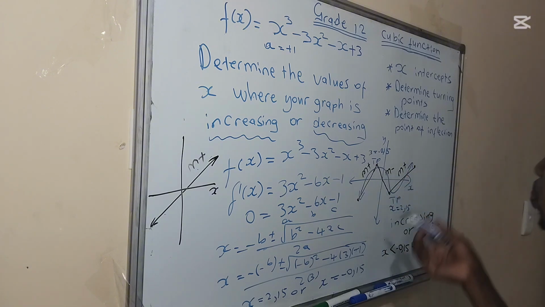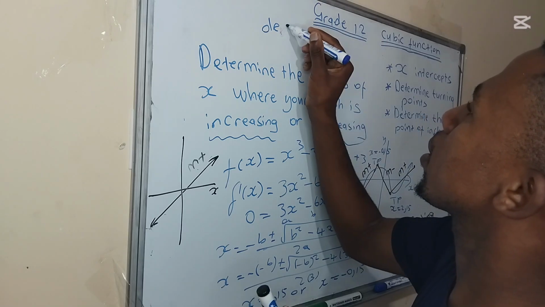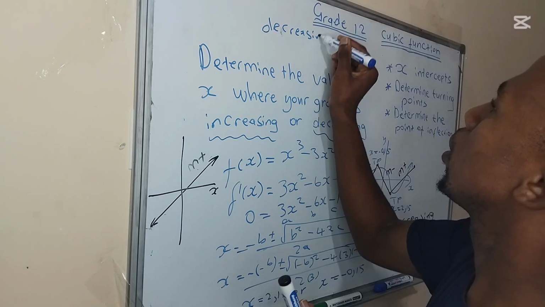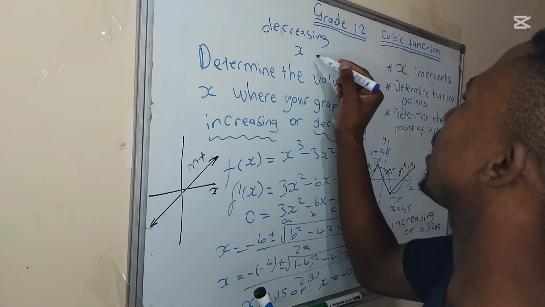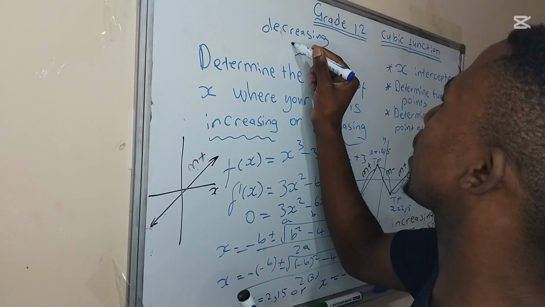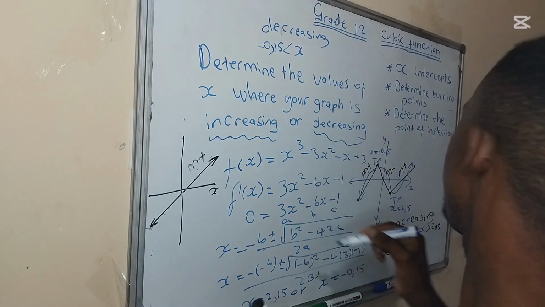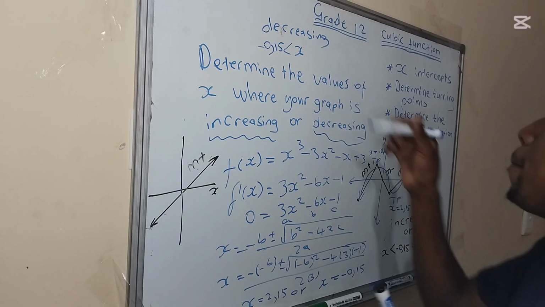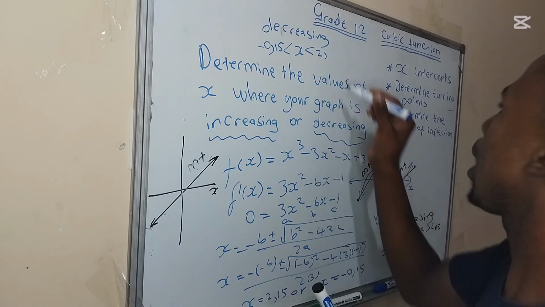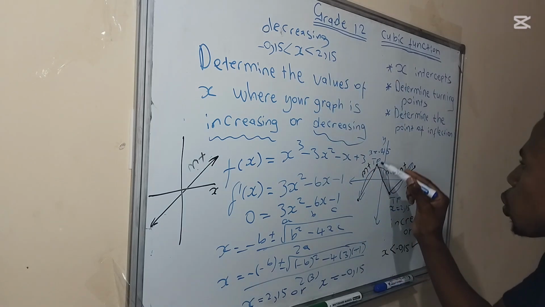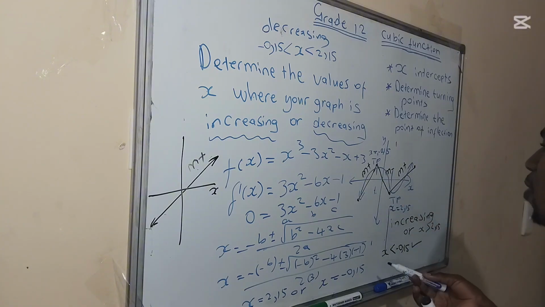But for decreasing, whereby the values of x are greater than negative 0.15 but less than 2.15, between these 2 points our graph is decreasing.